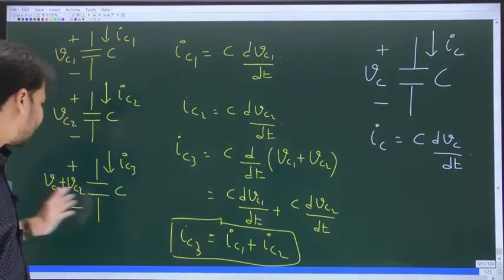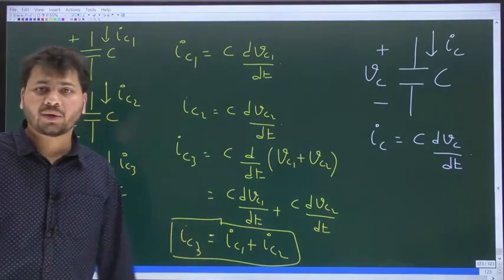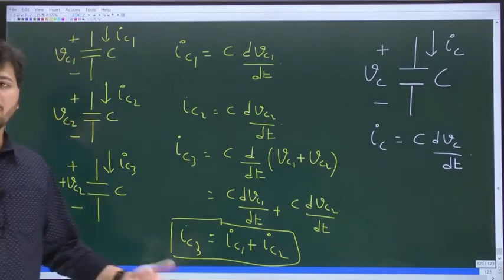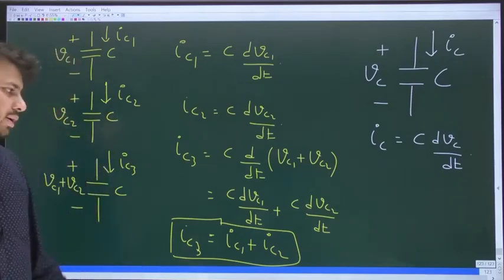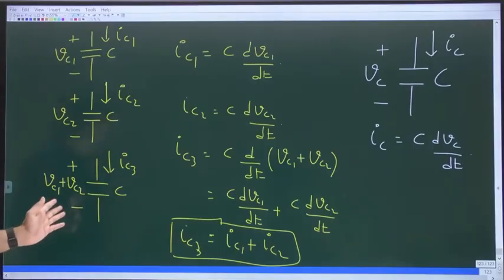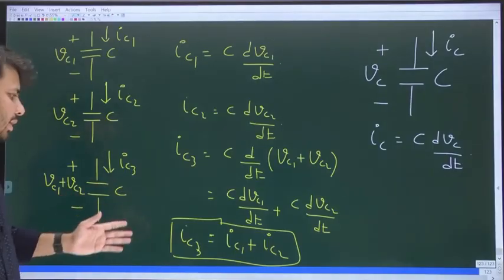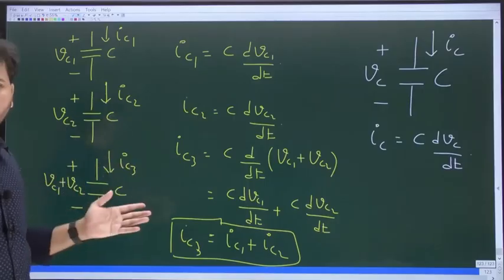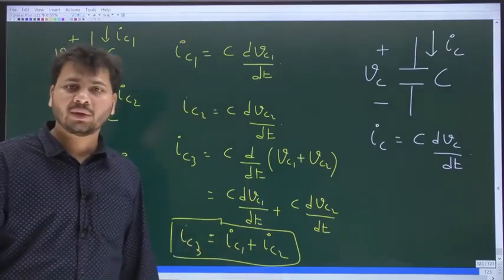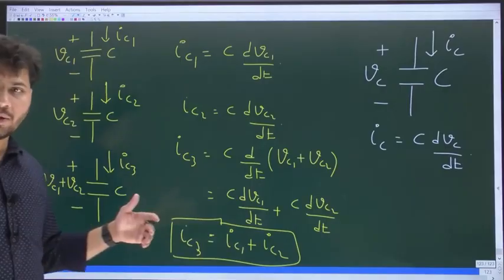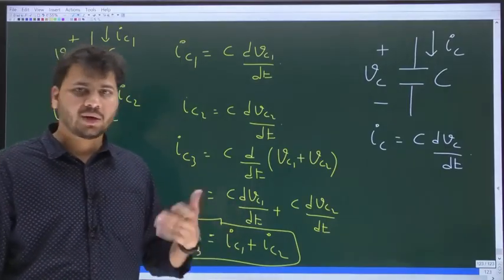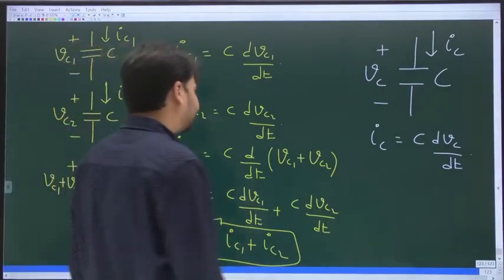When you apply x1 plus x2, and if the output turns out to be y1 plus y2, then definitely the system is linear. Here also, when we applied Vc1 plus Vc2 voltage across the cap, the resulting current is the sum of the two previous currents, which is Ic1 plus Ic2. So the capacitor as a circuit element is linear. Okay.